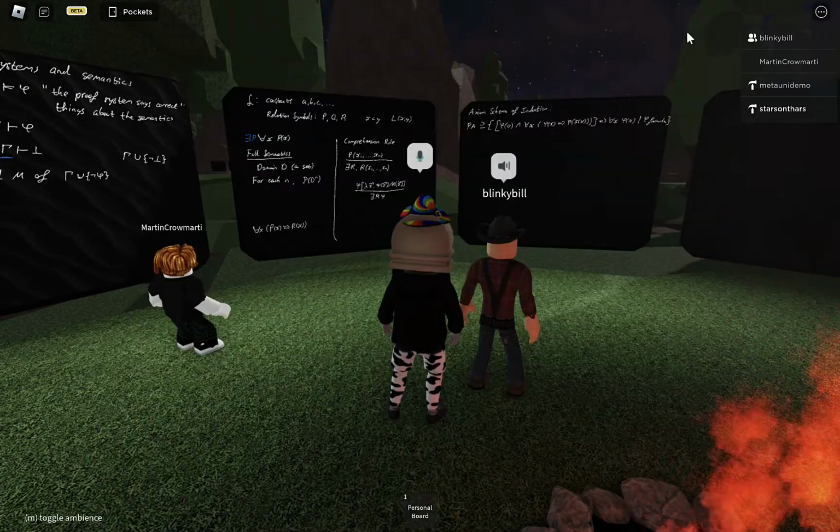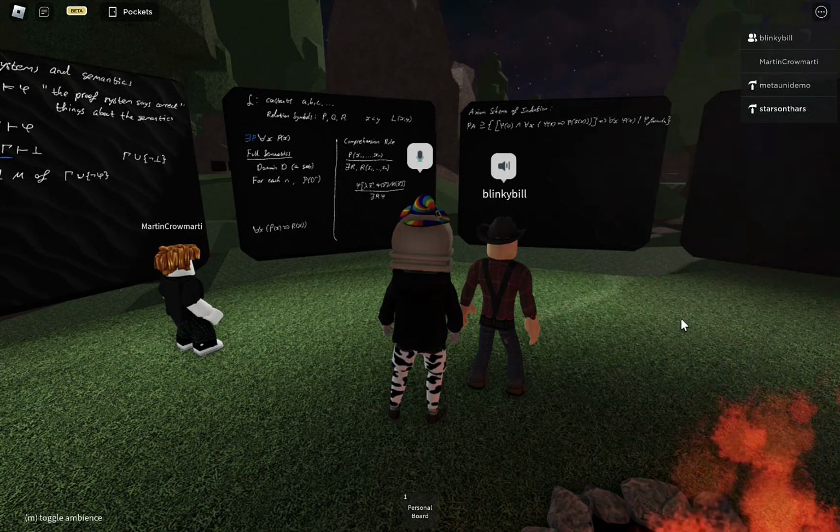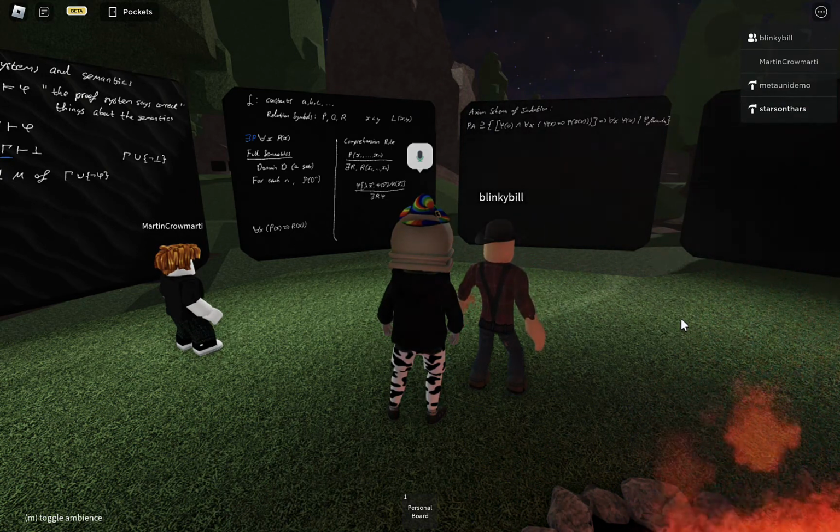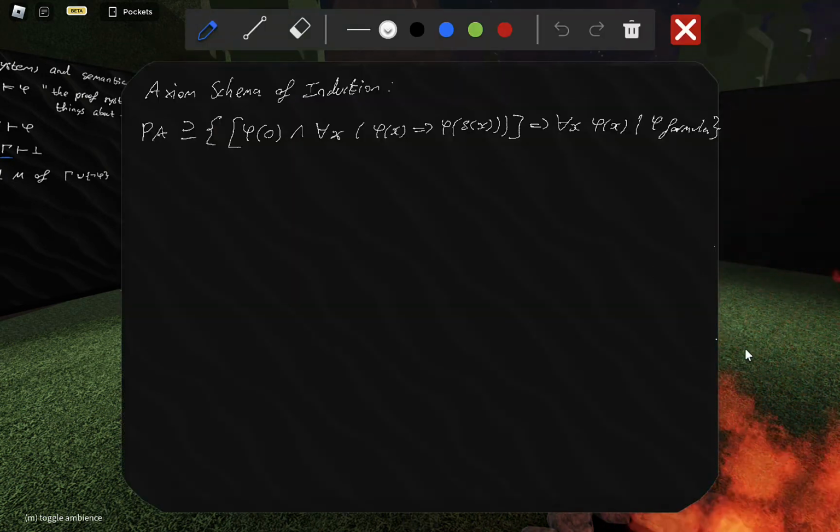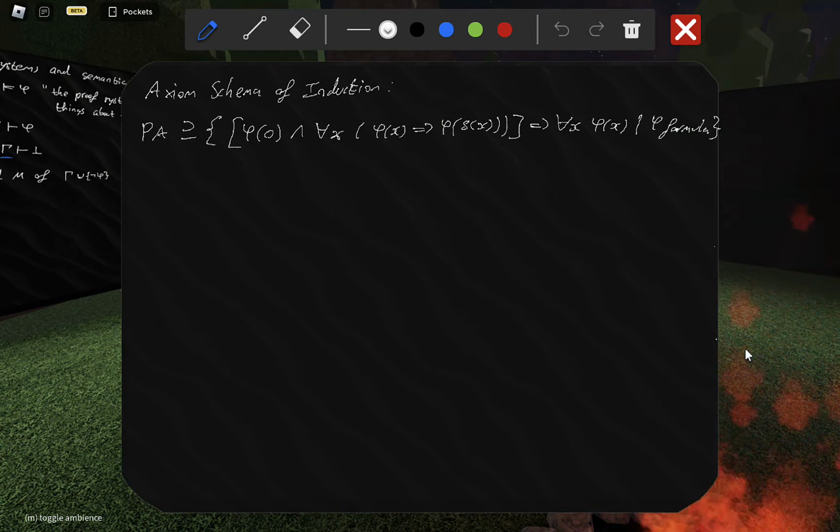Okay, so these axioms here, we're quantifying over. You might think we're quantifying over all properties of x, but we're only quantifying over the first order expressible ones.